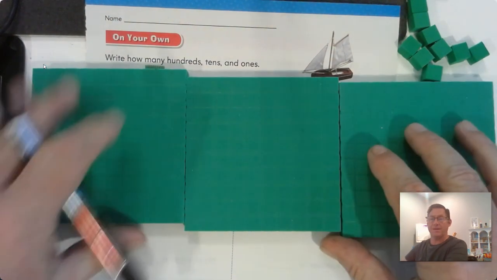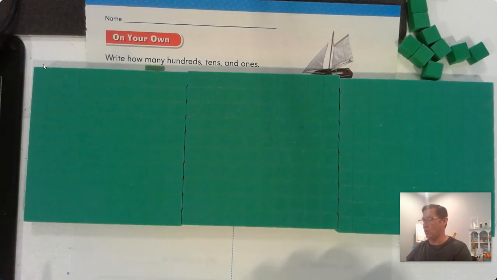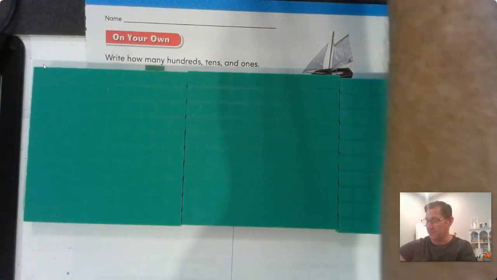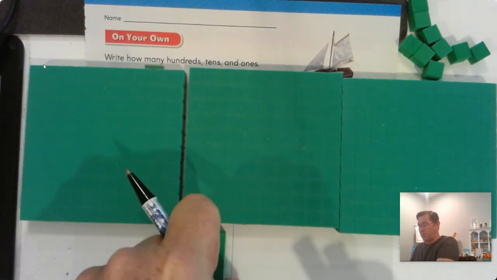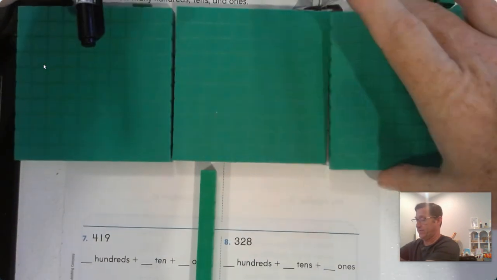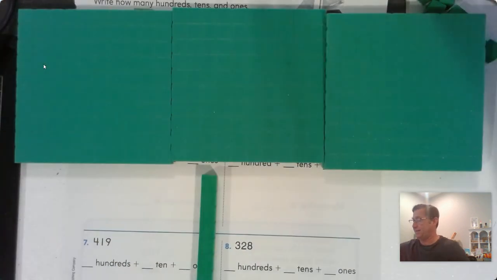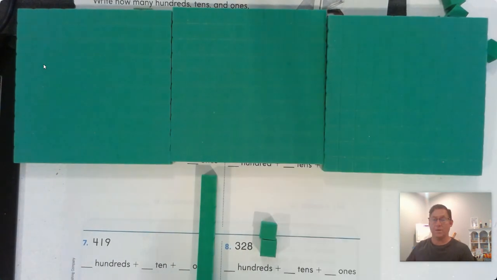Okay. This time I'm going to put the hundreds, tens, and the ones below just for this part of it. So we have 300s, 1 ten, and 2 ones.